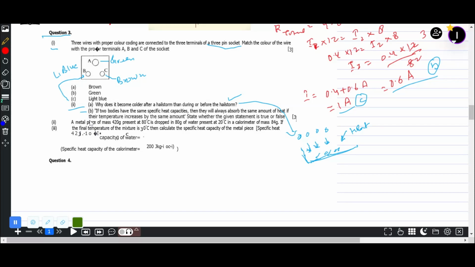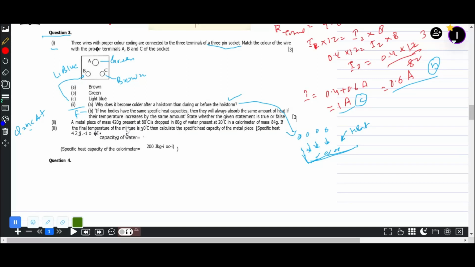Because Q is equal to m c delta T. All they are saying is that C is the same. If C is the same, it all depends on the mass of the body. If one body is heavier than the other, that will absorb more heat. So I would say this is a false statement. If they say the two bodies are the same size, then I'll say yes, it's a true statement.